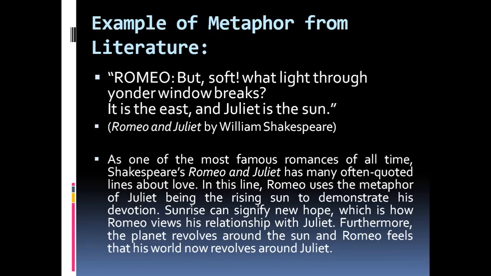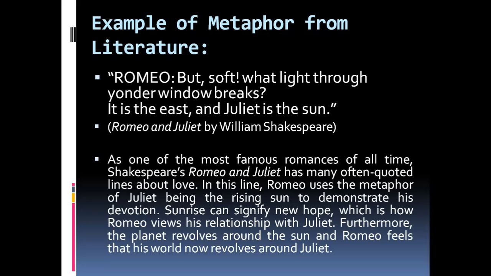So just have a look at an example of metaphor from the world of literature. It is from William Shakespeare's famous play Romeo and Juliet. So Romeo states, "But soft, what light through yonder window breaks? It is the east, and Juliet is the sun."